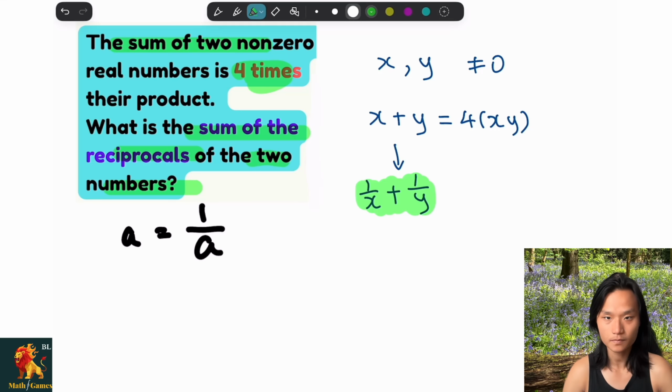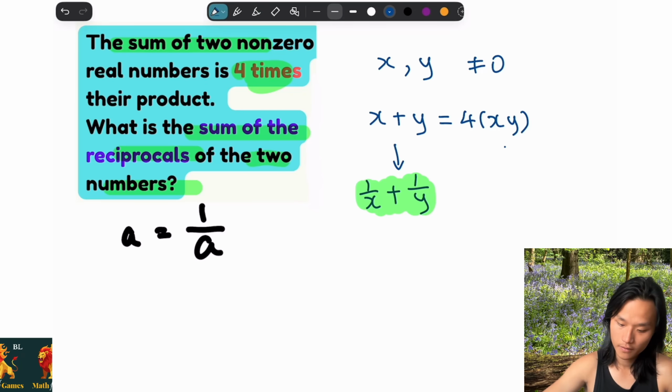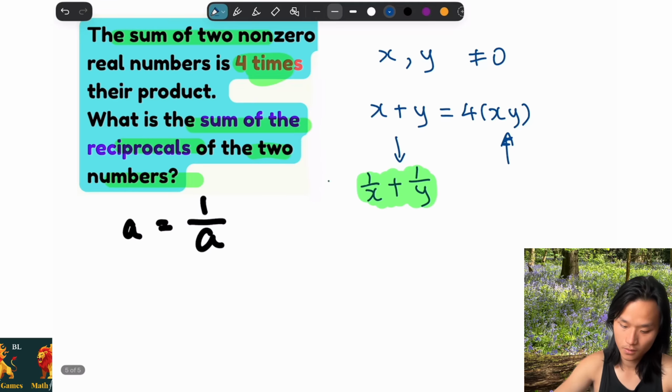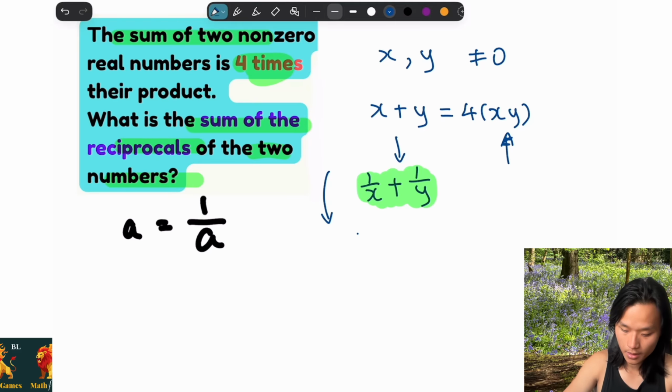Now, instead of trying to find the individual values of x and y, we can work with what we have here. So let's divide both sides by xy.